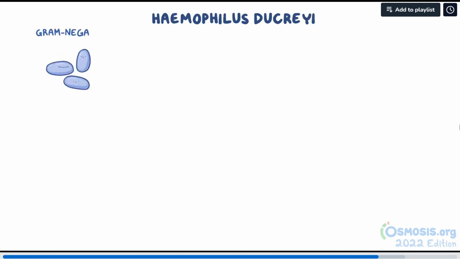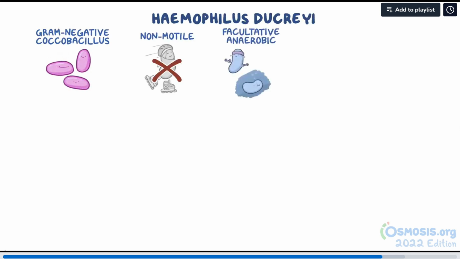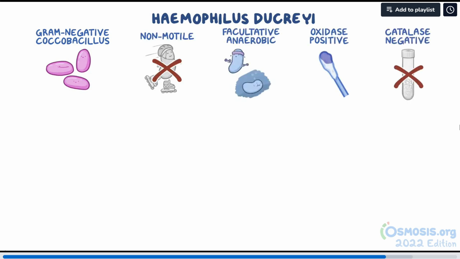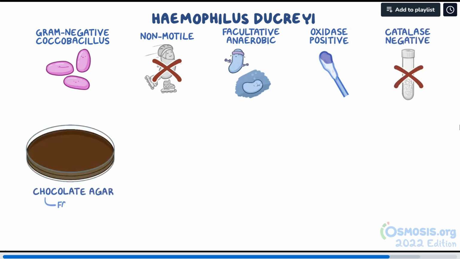All right, as a quick recap, Haemophilus ducreyi is a gram-negative coccobacillus, non-motile, facultatively anaerobic, oxidase positive, and catalase negative. It requires special conditions and mediums to grow, such as chocolate agar with factor 10, and grows into small, gray, or translucent colonies.